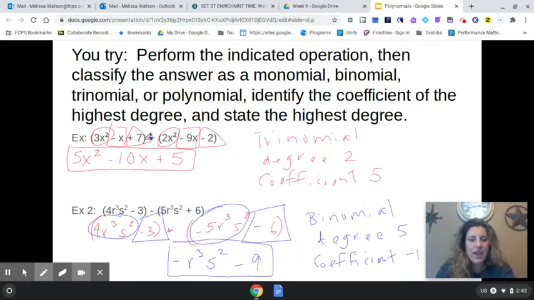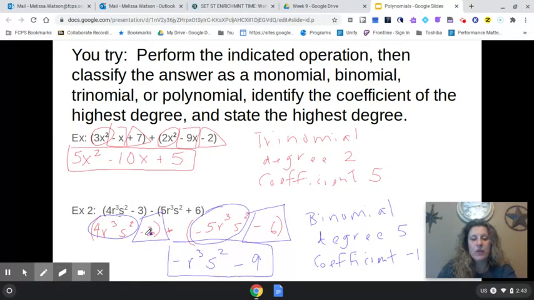When we added these two polynomials together, we get 5x squared minus 10x plus 5. It is a trinomial because it has three terms. The highest degree is 2, and the coefficient of that highest variable exponent is 5. Okay, the second example, we were subtracting, so hopefully we remember to distribute that negative sign through.